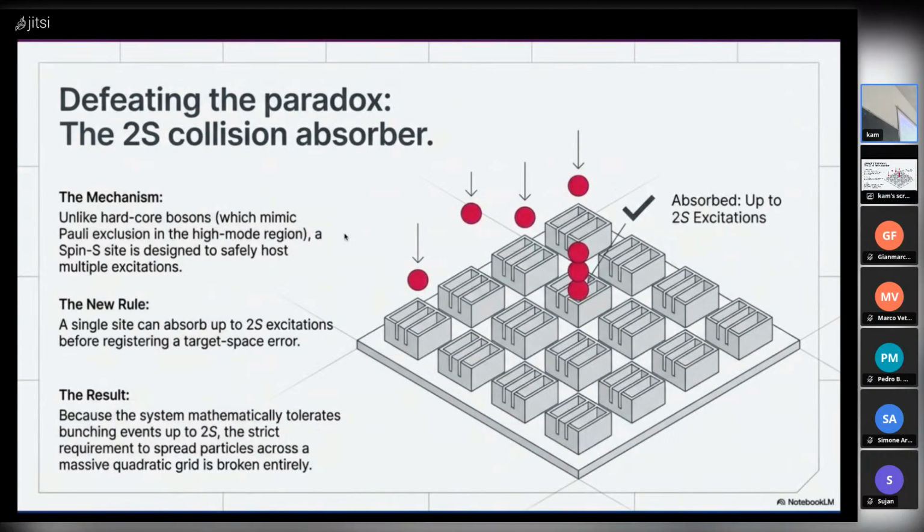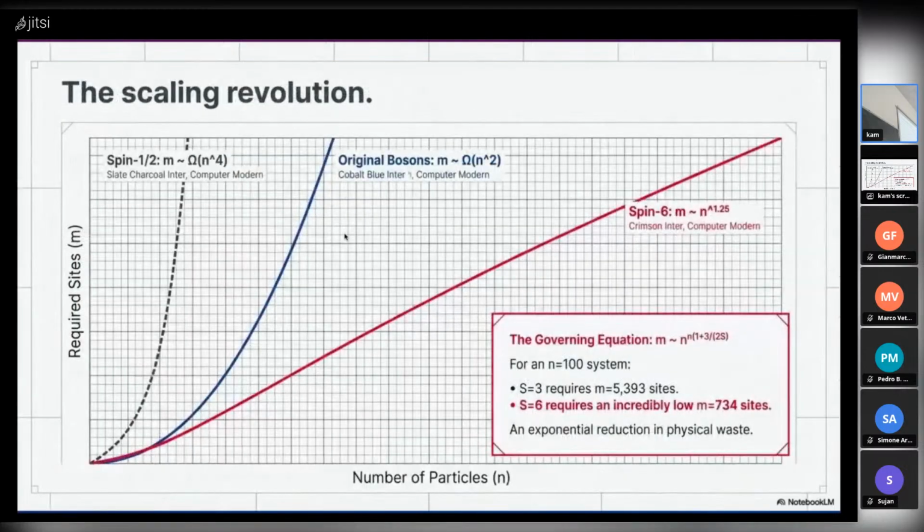You don't want this, but if you don't have strict boson sampling and I change it into another system, for example a spin system with 2s levels, then this is allowable. That's the trick.